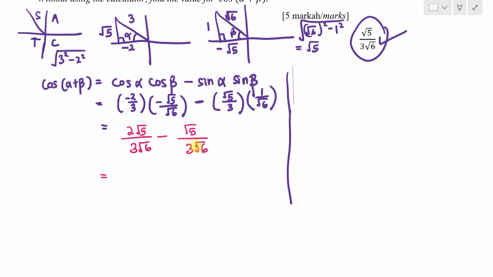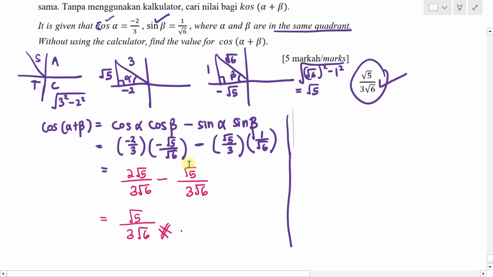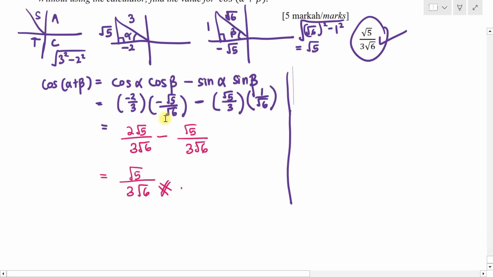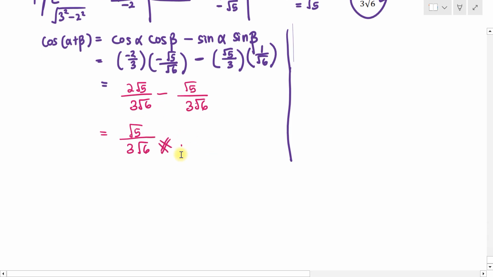If you simplify, both have the same denominator. So 2 square root 5 minus 1 square root 5, 1 square root 5 over 3 square root 6. There you get your answer. Okay, right. So sometimes it looks difficult, but it is actually easier than it looks. It looks like a very difficult expression, but once we do it, it's quite simple.